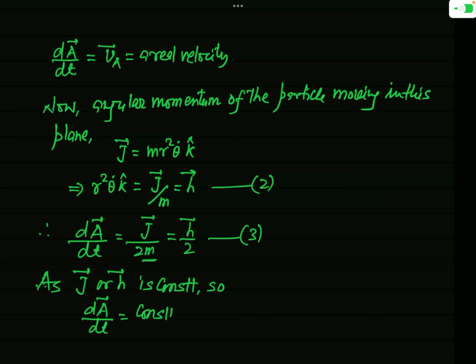And this is the property which I have mentioned, that the areal velocity of the particle moving in a central force field remains constant. In the alternative way, you have stated this property, that the radius vector sweeps out equal areas in equal time intervals.